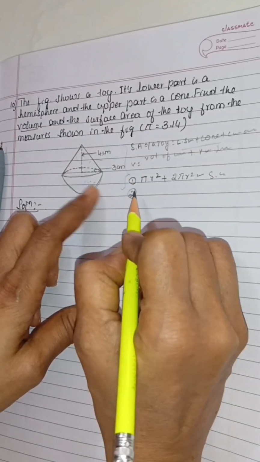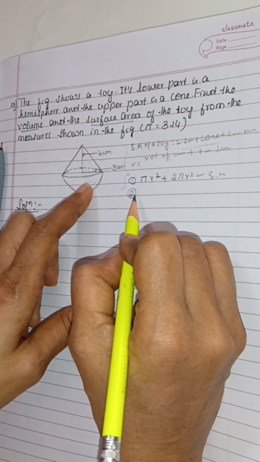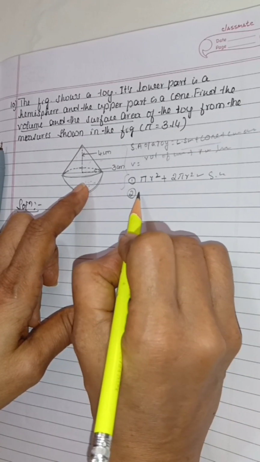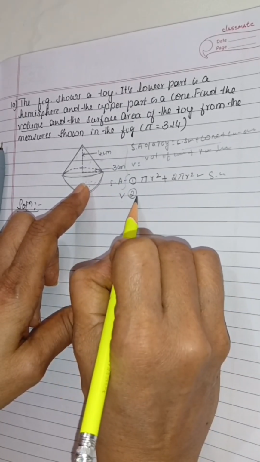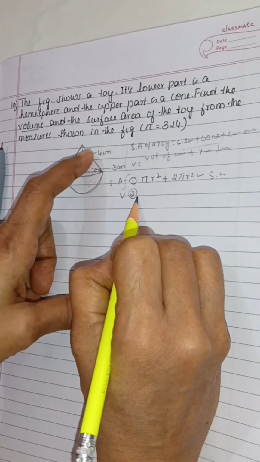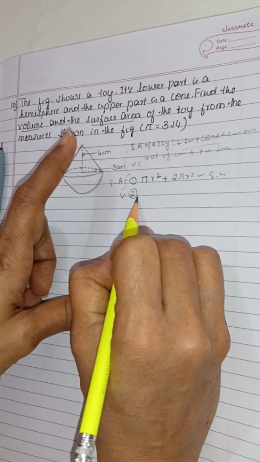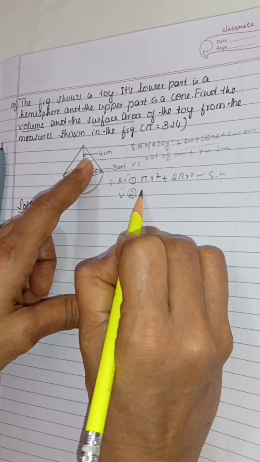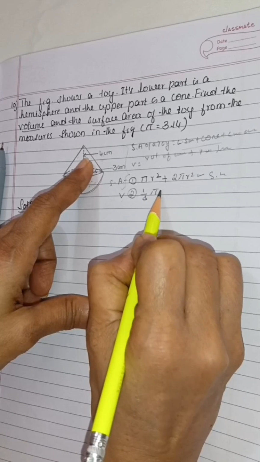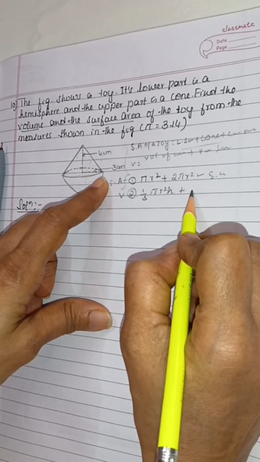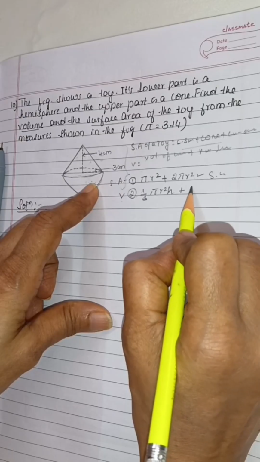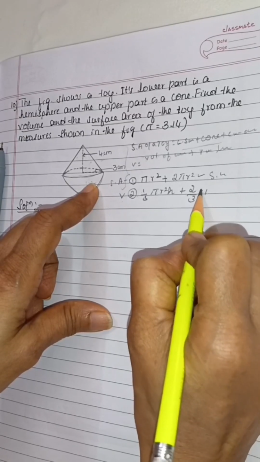Second one is volume. Volume of a conical part of this toy. Volume of a cone is 1 by 3 pi r square h plus volume of hemisphere, that is 2 by 3 pi r cube.